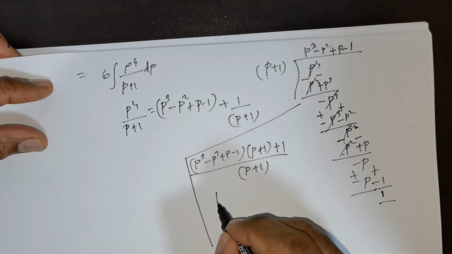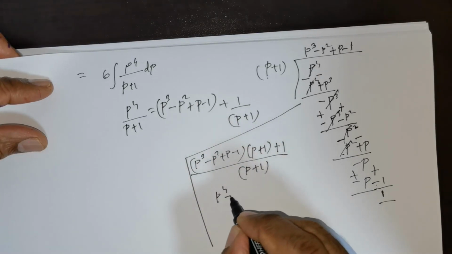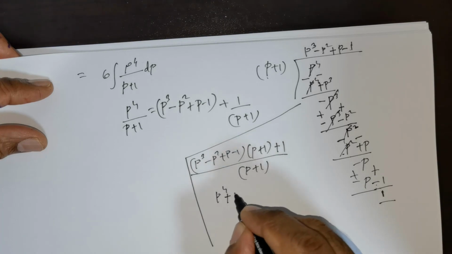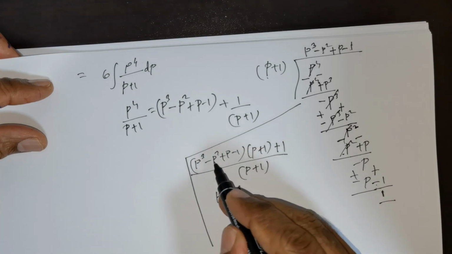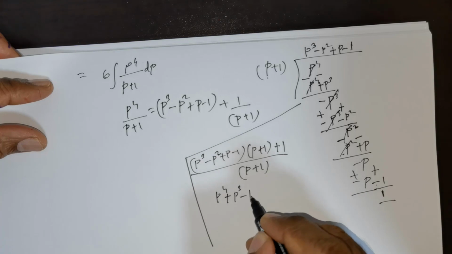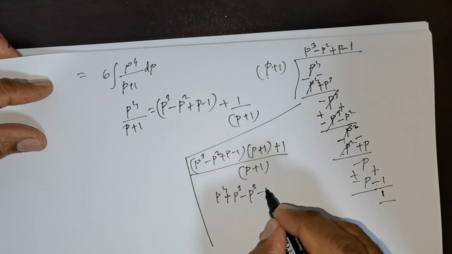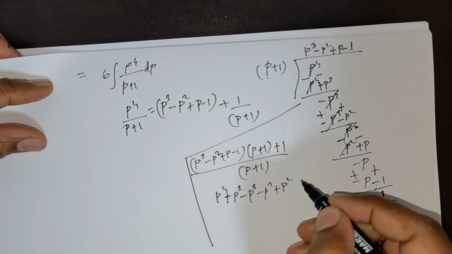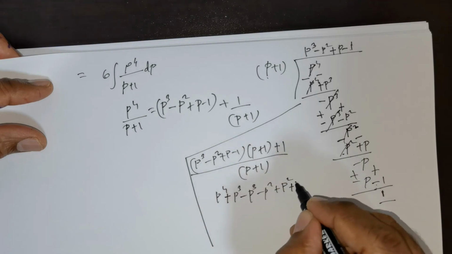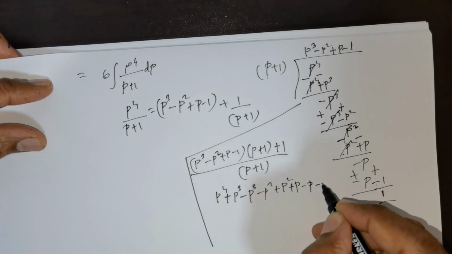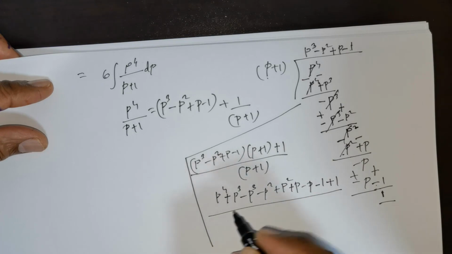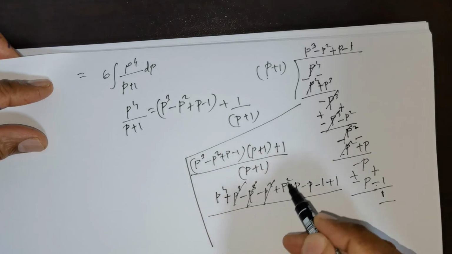So p cubed times p gives p to the power of 4, p cubed times 1 will give you p cubed, and then negative p squared times p will give you negative p cubed, negative p squared, and positive p squared, and positive p, negative 1, positive 1.